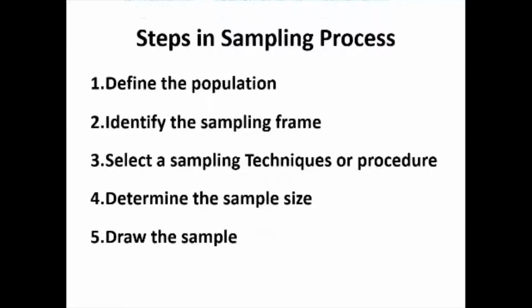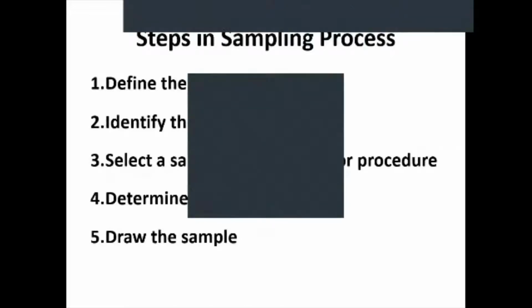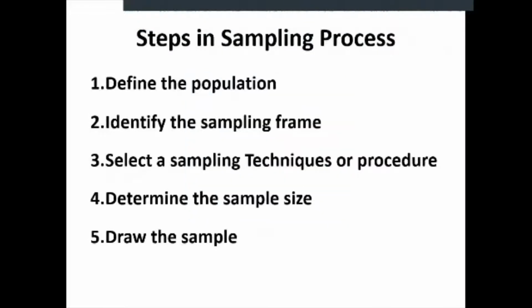The first step is defining the population, and the second one is identifying the sampling frame. And the third one is selecting a sampling technique, or you have to decide the procedure for selecting the sample. And the fourth step is to determine the sample size. And the last one, you have to draw the sample. So we'll discuss each step briefly.